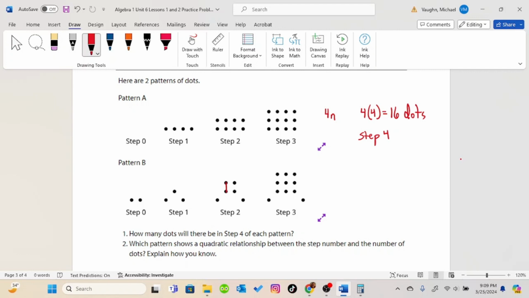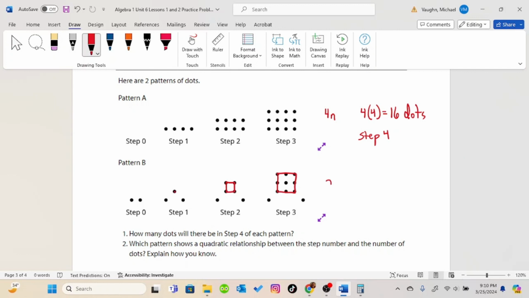If you can't see it, let me draw it in here. Step 2 has a square of 2. Step 3 has a square of 3. And step 1 has a square of 1.